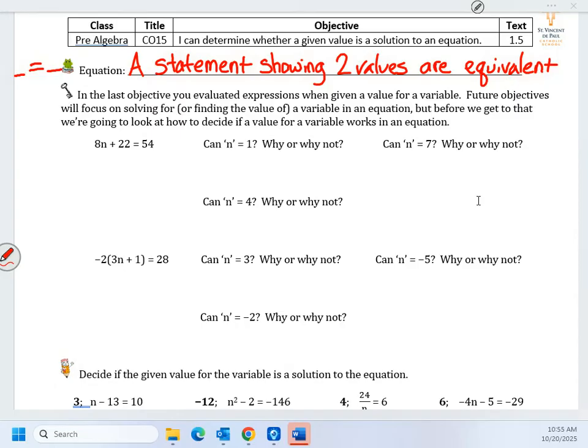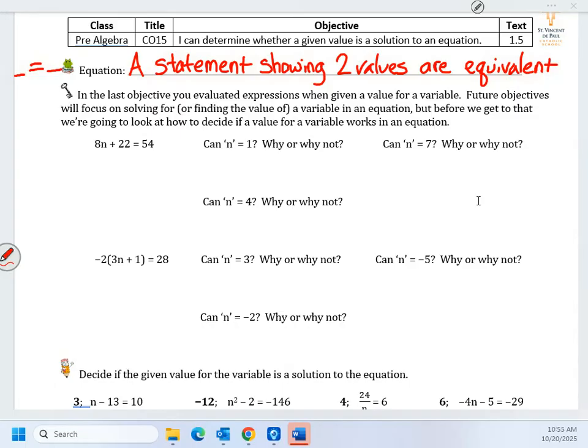Okay, so if we had 5 plus 2 equals 7, well, 5 plus 2 is 7, and that equals 7. It balances out. Like I said, as we get into more complicated math, we will have math work to do on one side and math work to do on the other side, and we show that they are balanced, they are equivalent.